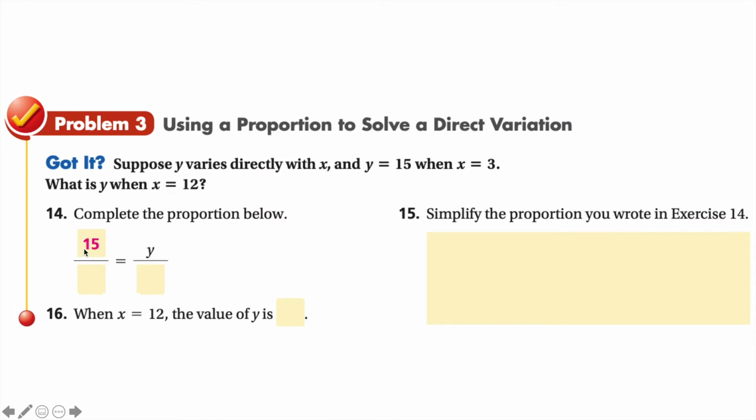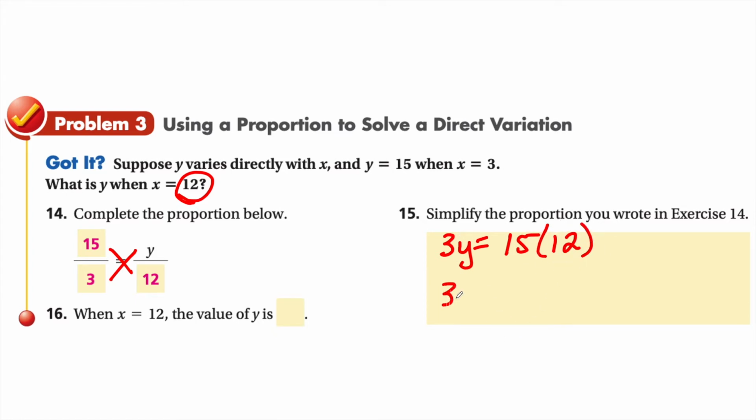So if we put 15 divided by 3 is going to equal our y value divided by, in this case, 12, right here. We can then turn this into a cross multiplication, and we can simplify this out. So we are going to get 15 times 12 and 3 times y. So we're going to know that 3 times y must equal 15 times 12.